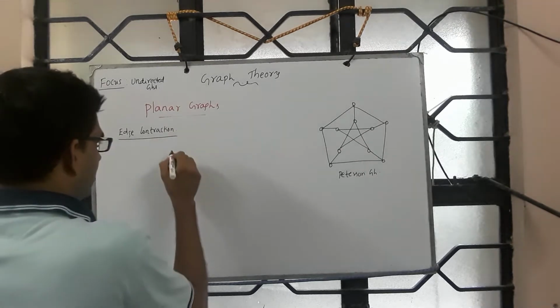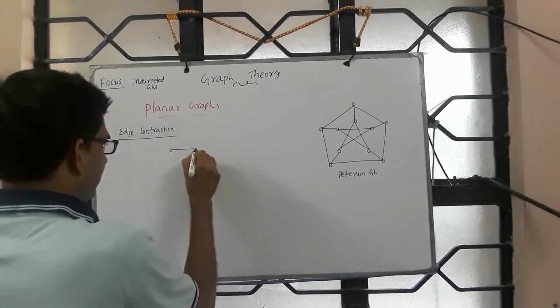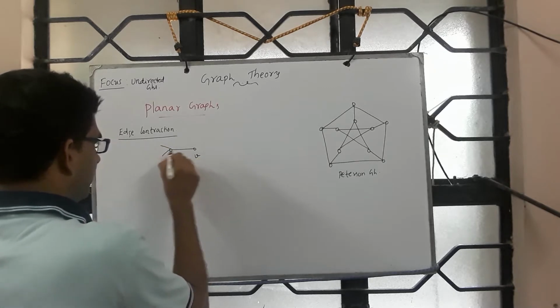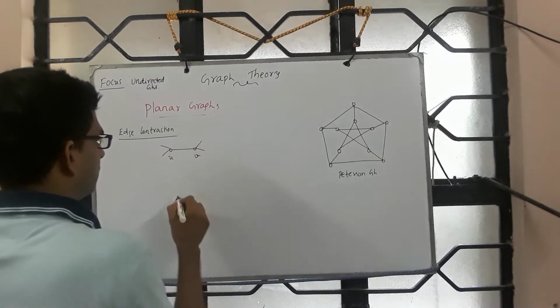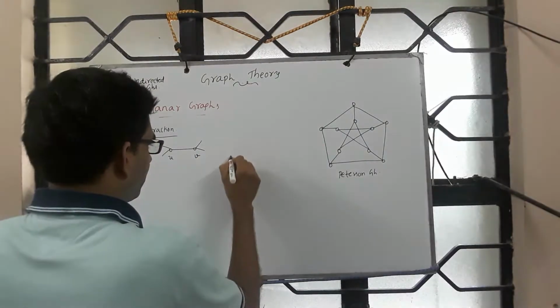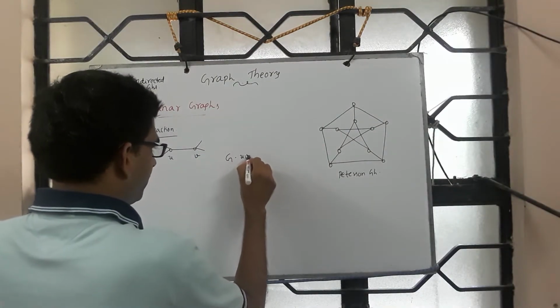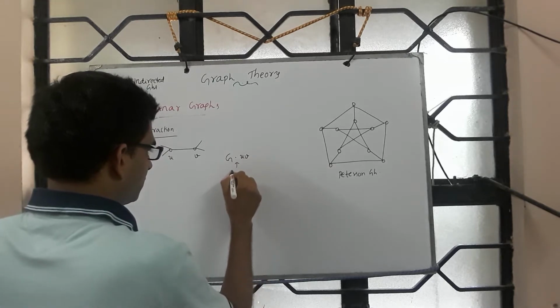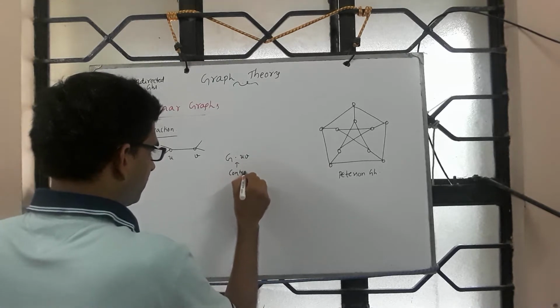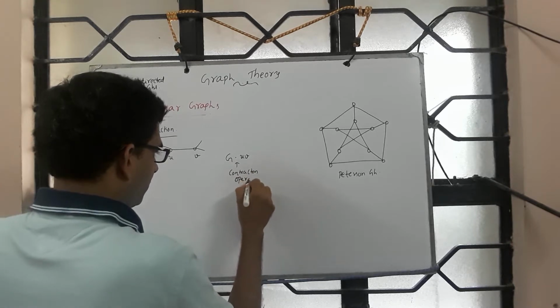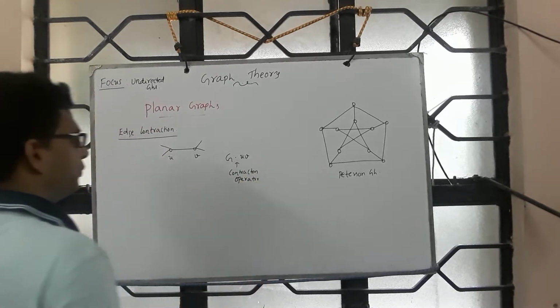So what is that? Suppose you have an edge UV. There are other edges incident on this. So now I perform G dot UV, which denotes the contraction operator. So I am contracting an edge UV.